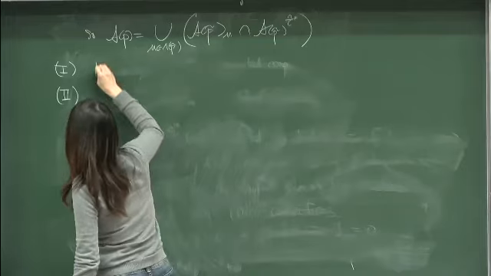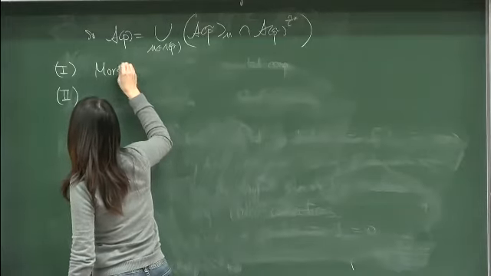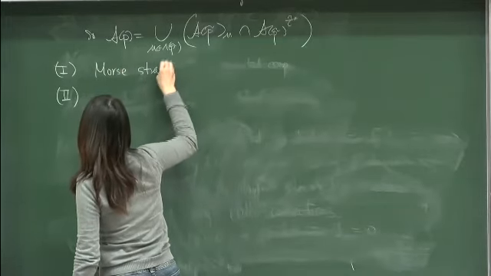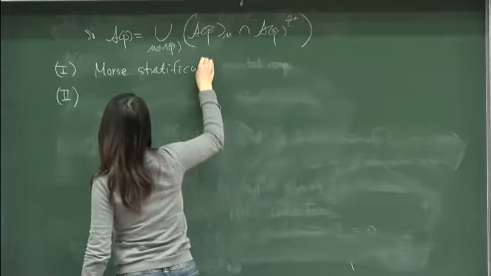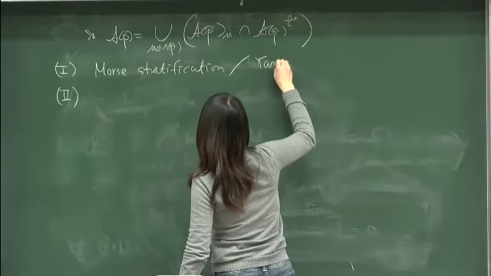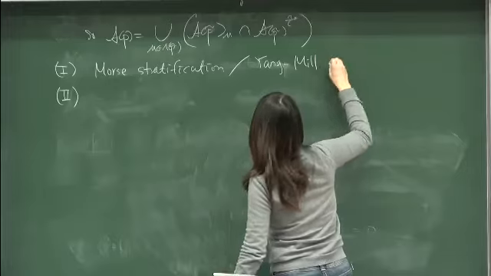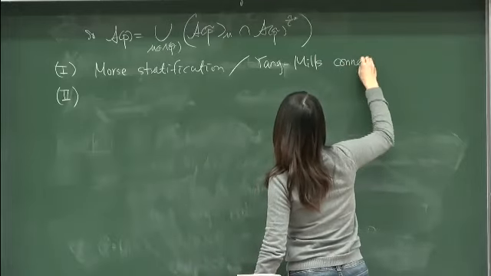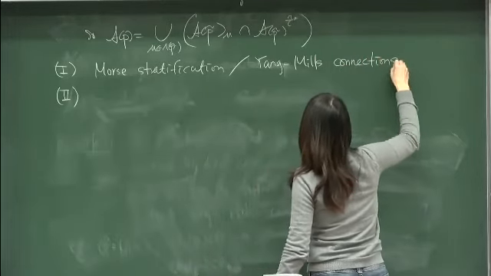The first is we need to see what is the Morse stratification, or what exactly the Yang-Mills connections, those critical points, look like.